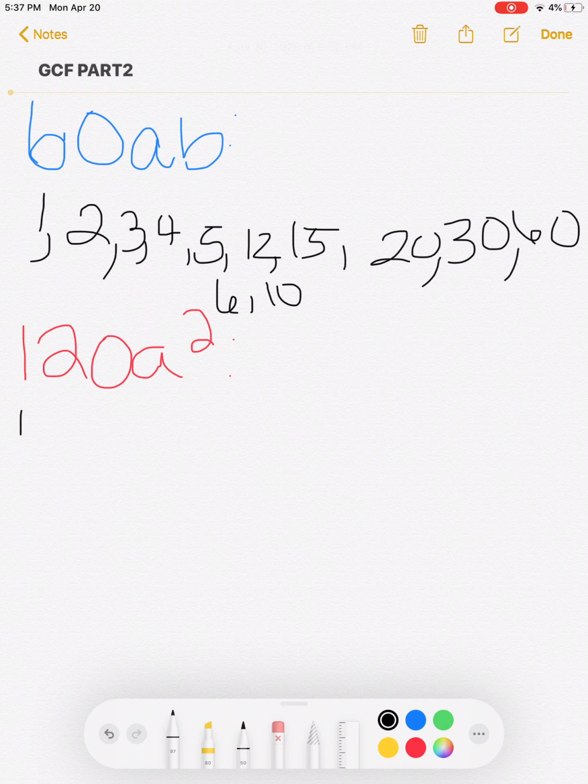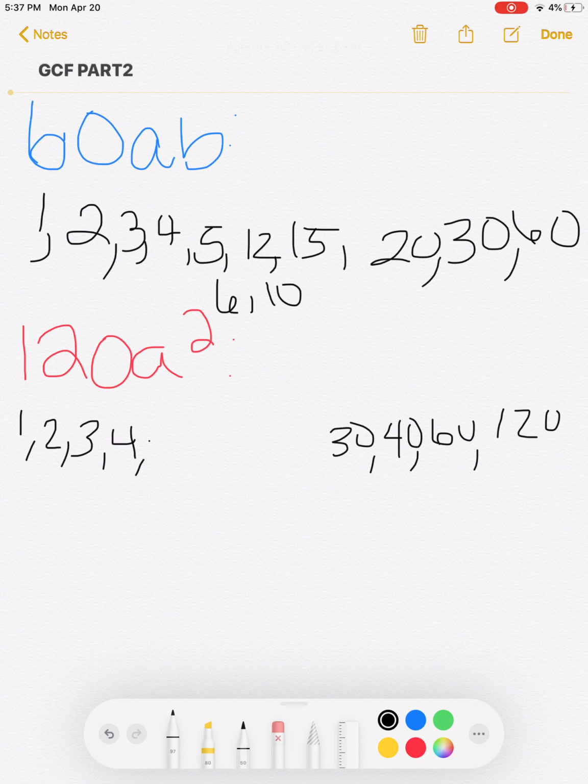So I have 1 times 120. I have 2 times 60. I have 3 times 40. I have 4 times 30. I have 5 times 24.